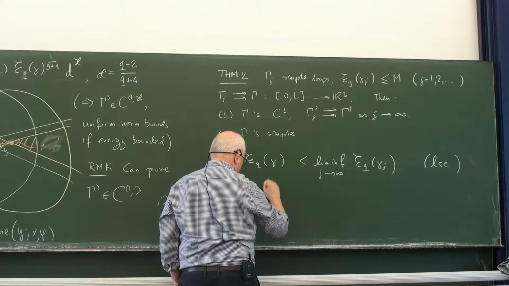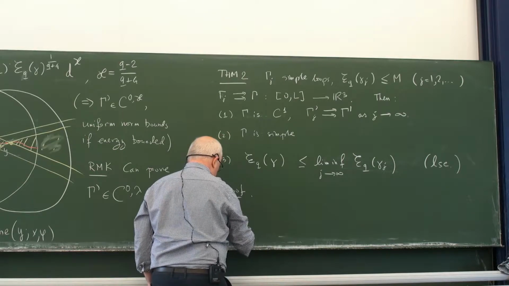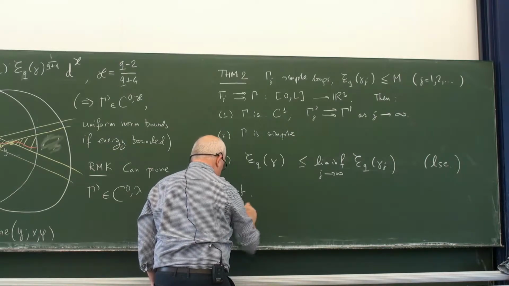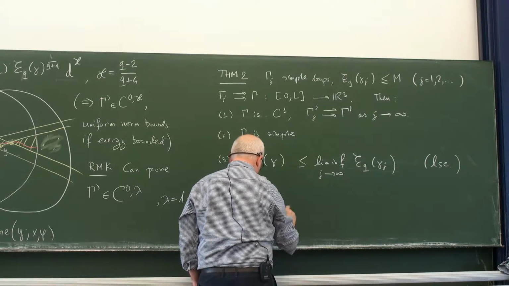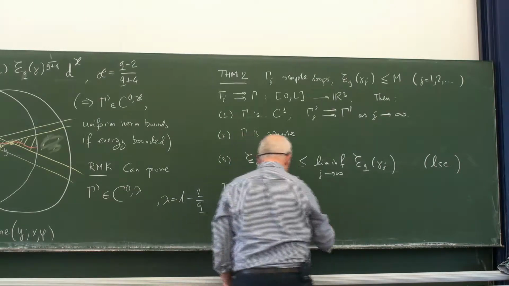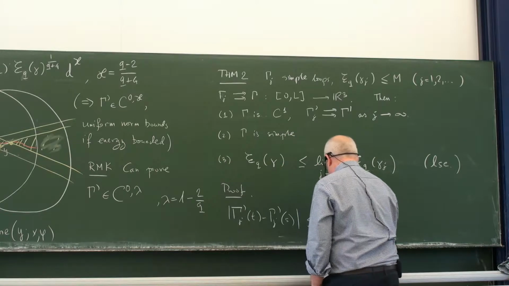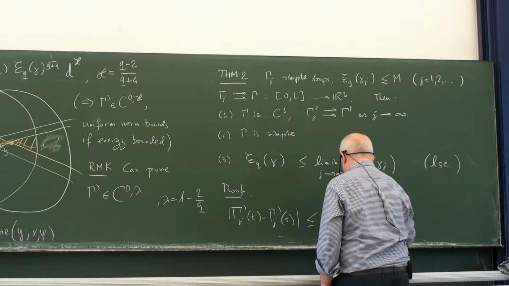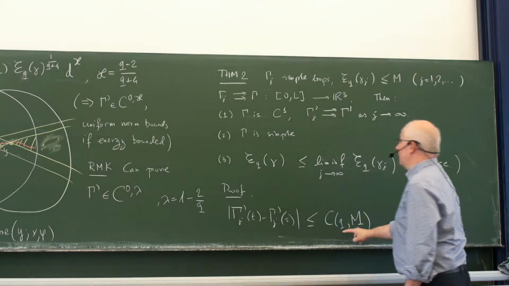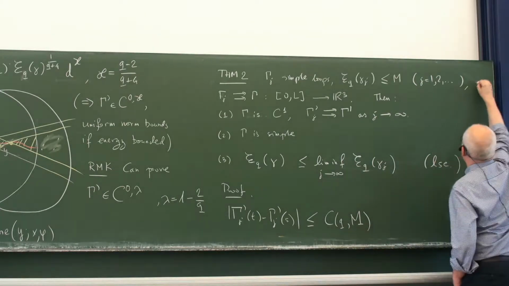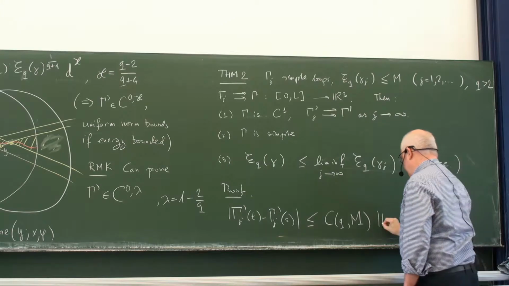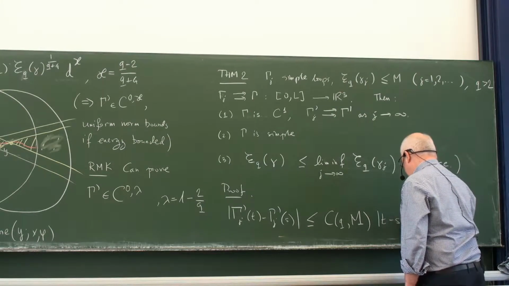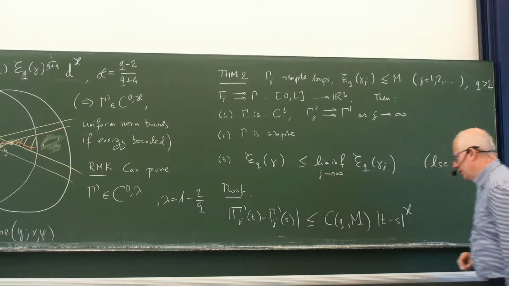you have this inequality, gamma_j prime of t minus gamma_j prime of s is smaller than some constant depending possibly on q and on the energy bound, but if q is fixed bigger than 2, times |t minus s| to some positive power.